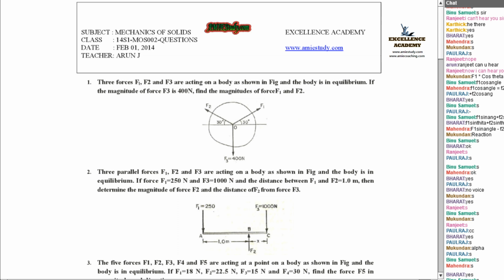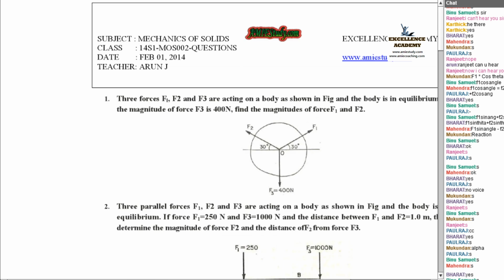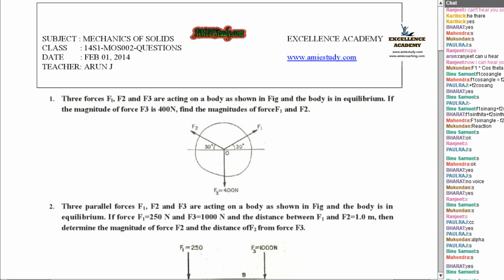Are you ready? Okay. Please read this one. Three forces F1, F2, F3 are acting on a body as shown in the figure, and the body is in equilibrium. If the magnitude of force F3 is 400 Newton, find the magnitude of forces F1 and F2. Can you answer?